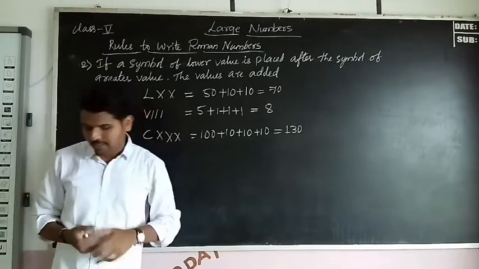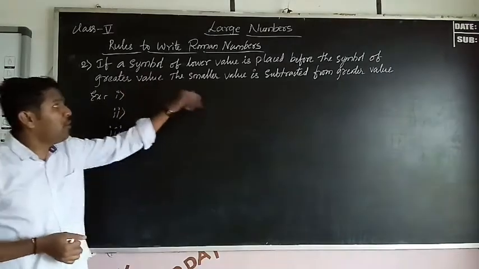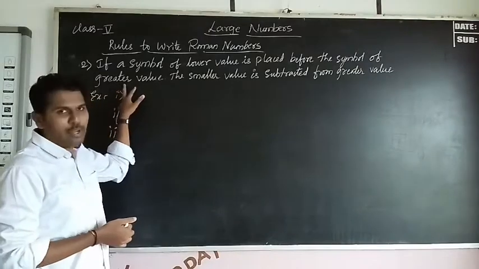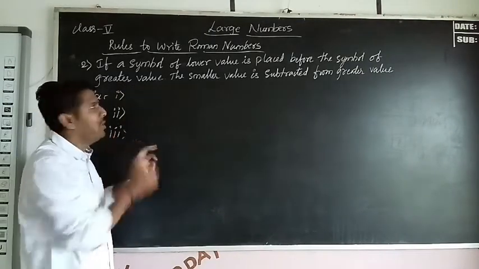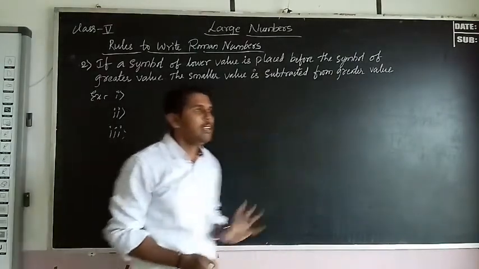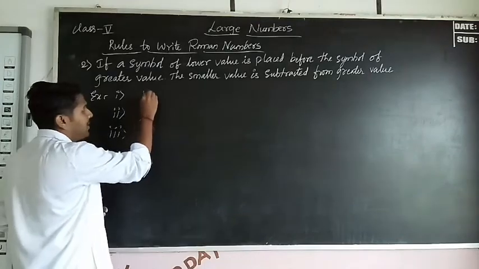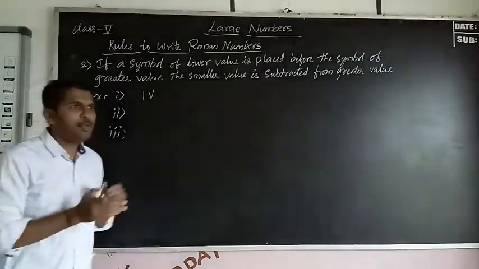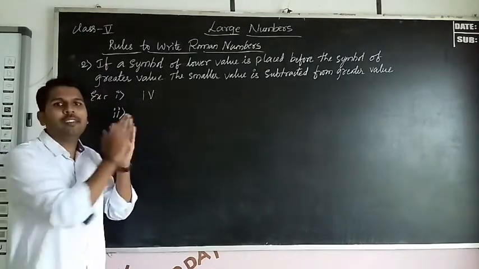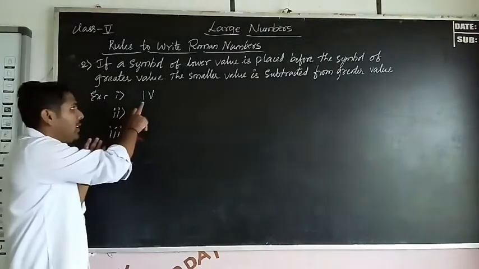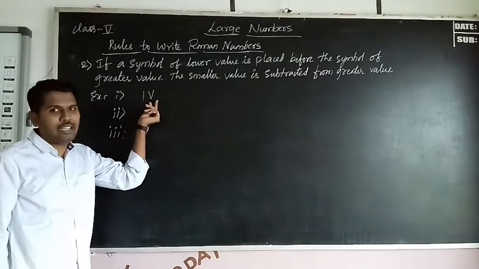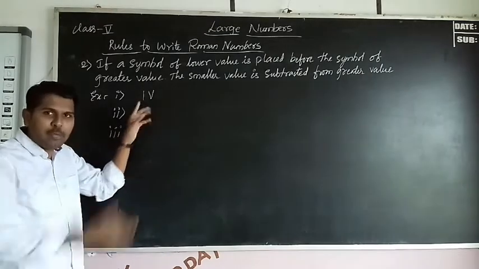So third one is if a symbol of lower value is placed before the symbol of greater value, okay, before the greater value, the smaller value is subtracted from greater value. So first take an example here. When you are observing a Roman number, first find the greater value. Here 1 is greater or 4 is greater? V means that is 5. So 5 is greater. So smaller value is placed before.